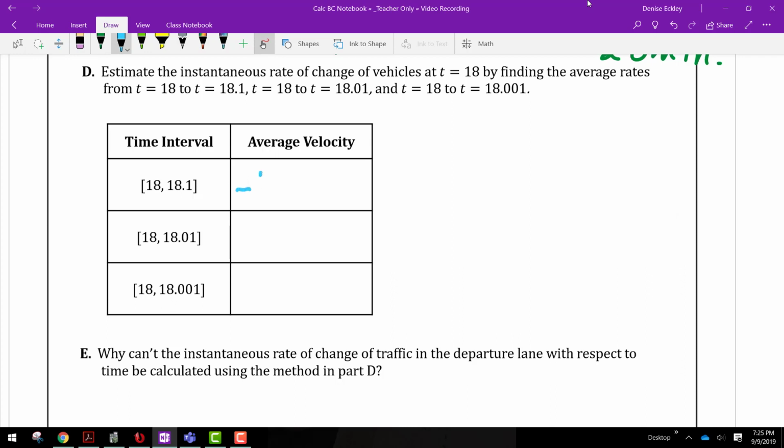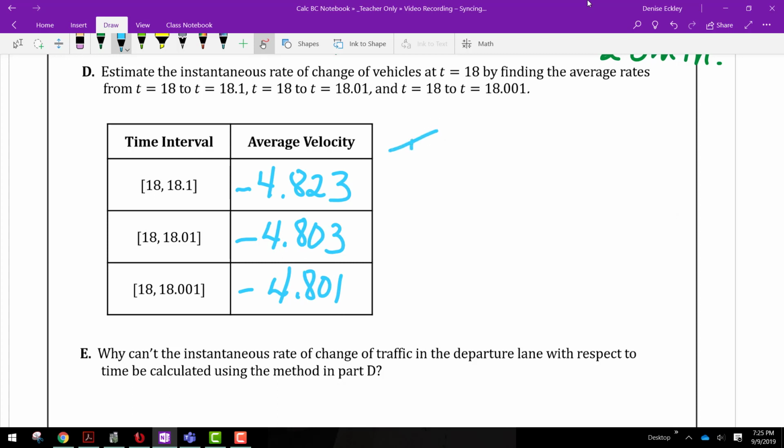Let's try your calculator out, see if you can set it up like we did on the last problem. And then finally the last one is negative 4.801. So the instantaneous rate of change at t equals 18.